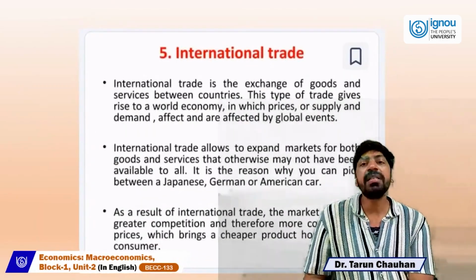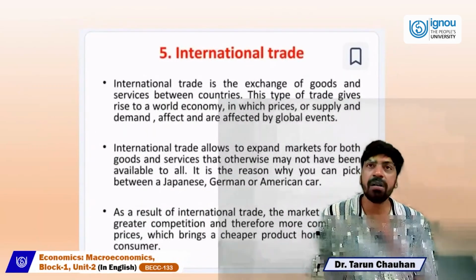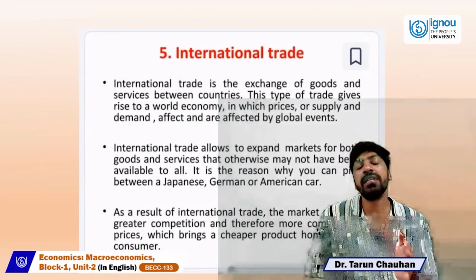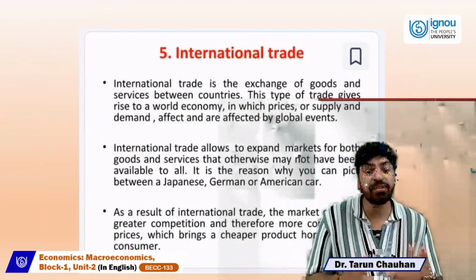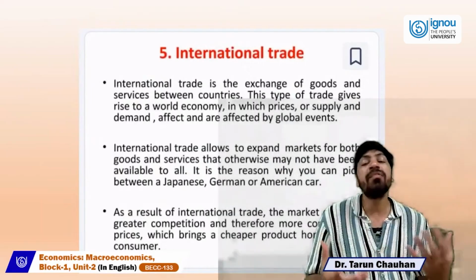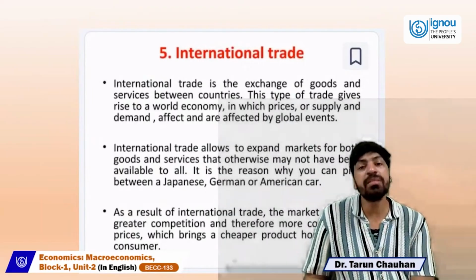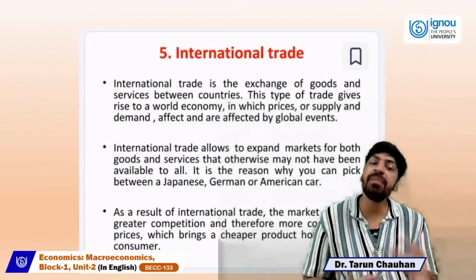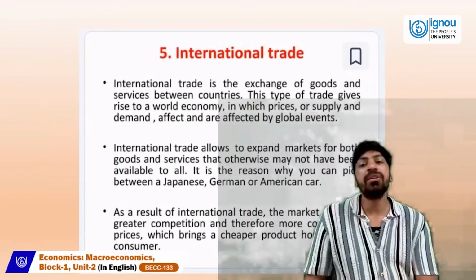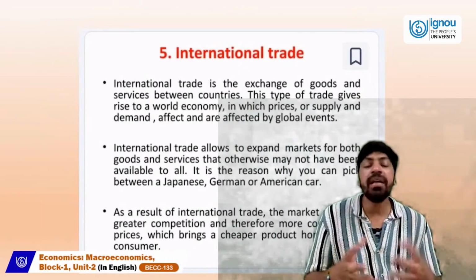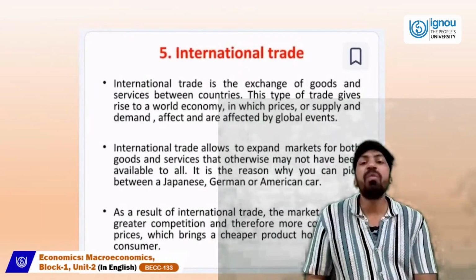The next one is international trade. When we talk about international trade, it does not deal only with the domestic economy, it deals also internationally. It is a process of exchange of goods and services between countries, and such trade also increases the demand and supply in the world economy.